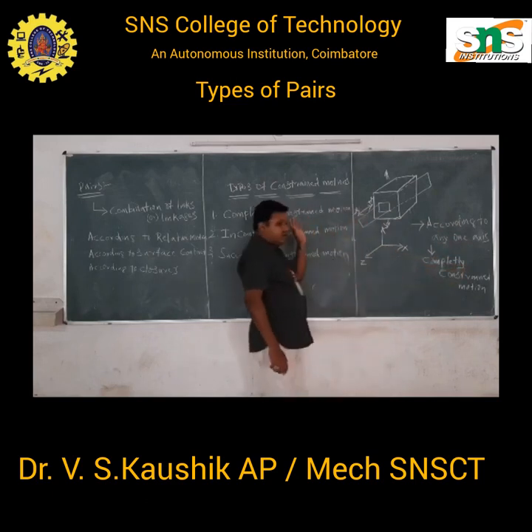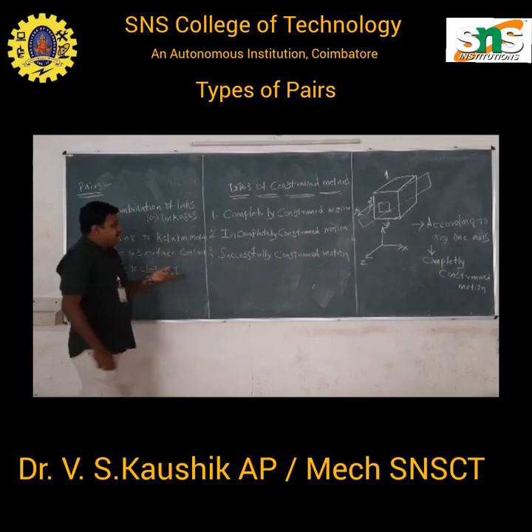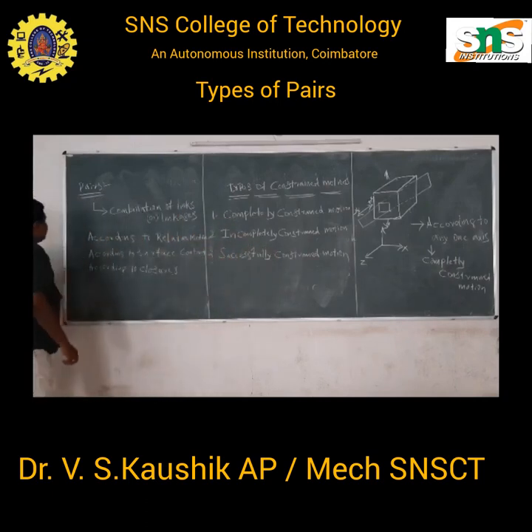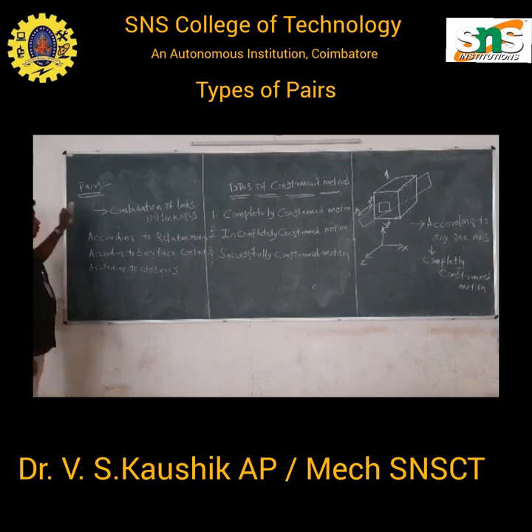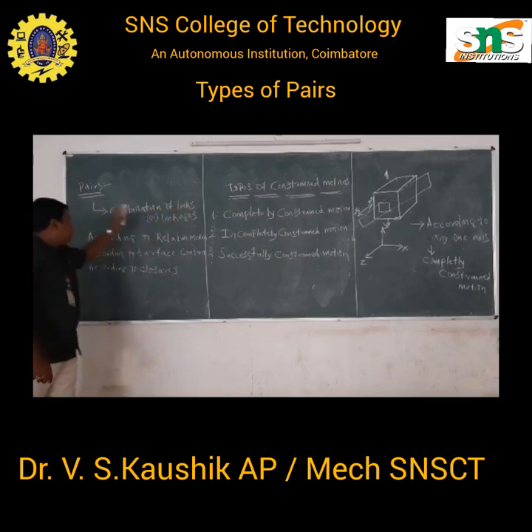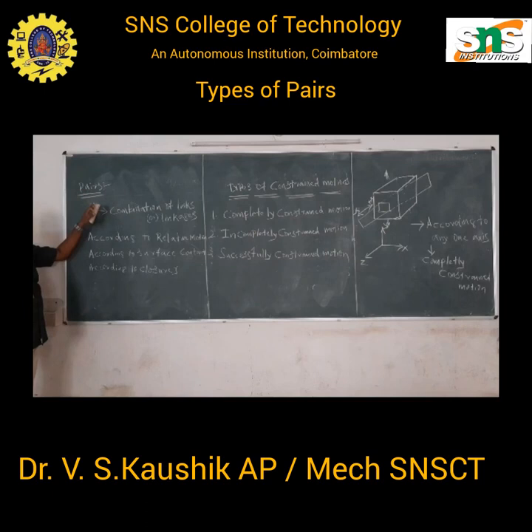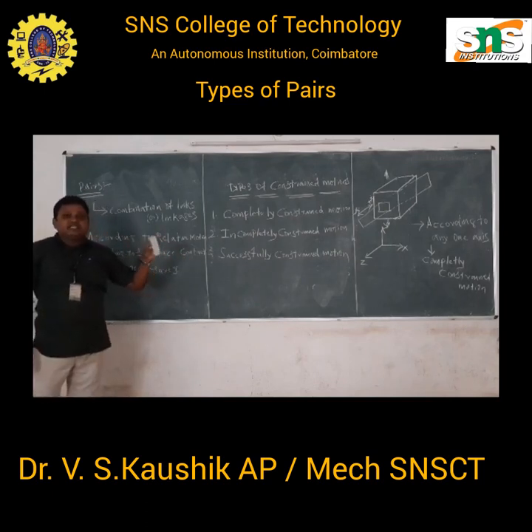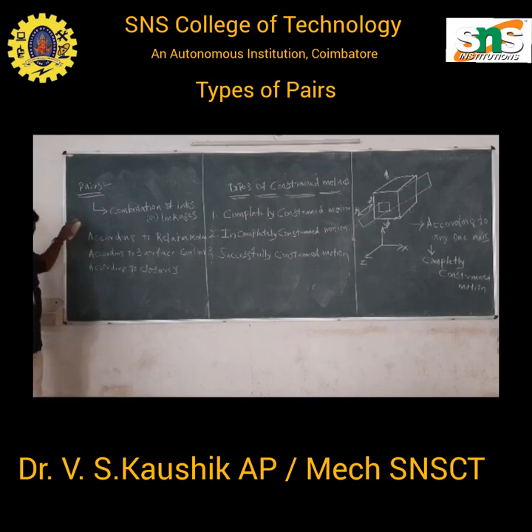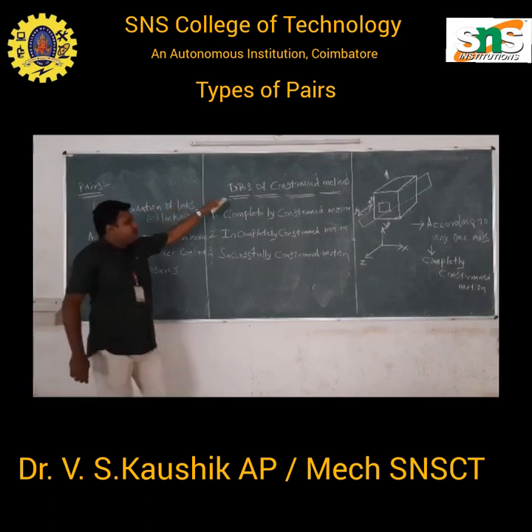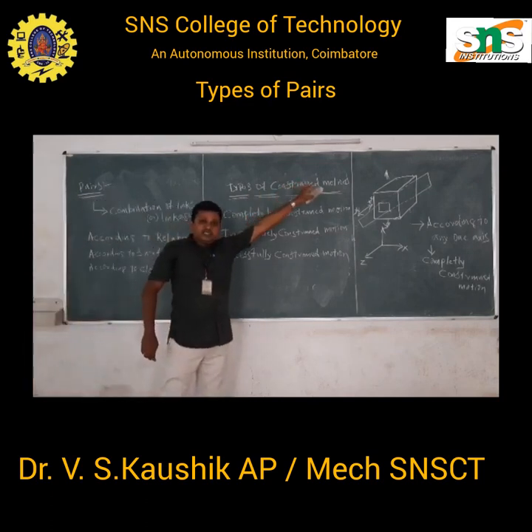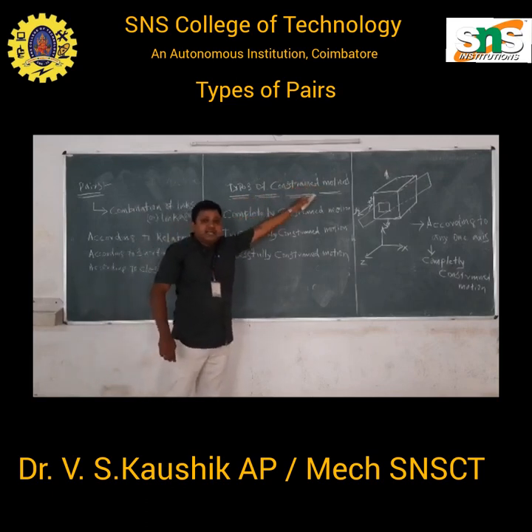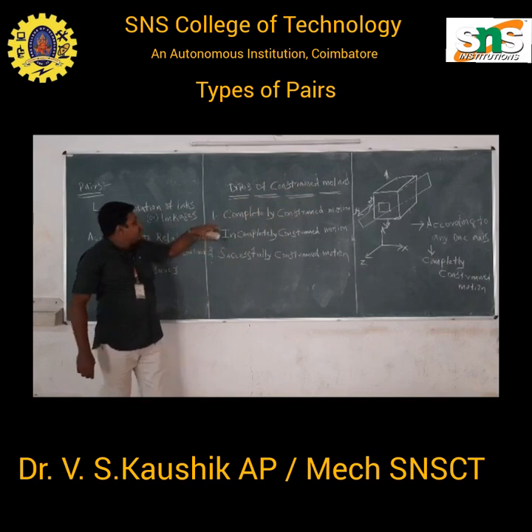Okay, now we will move into incompletely constrained motion, that is our second type. Do you understand what pairs are? Pairs are nothing but a combination of linkages. In pairs, there are types of movements or motions, termed constrained motions.